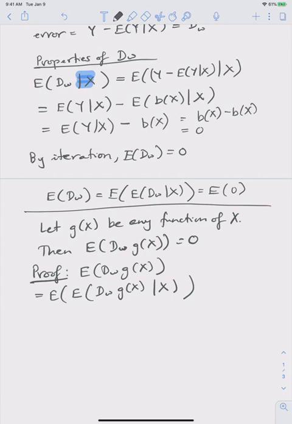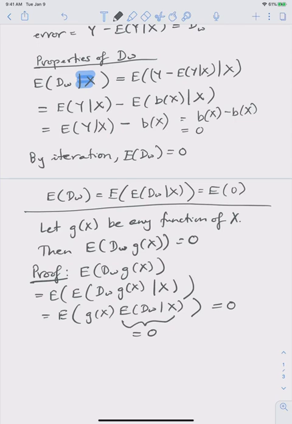Now, g(X) is a function of X, so it comes out of the conditional expectation inside. And we just showed that this quantity, the expected deviation within one strip, is 0. So the entirety, we are taking the expectation of something times 0, and we're going to get 0.